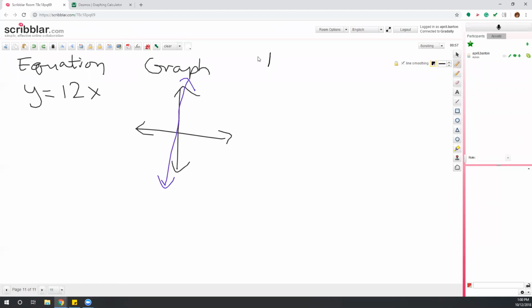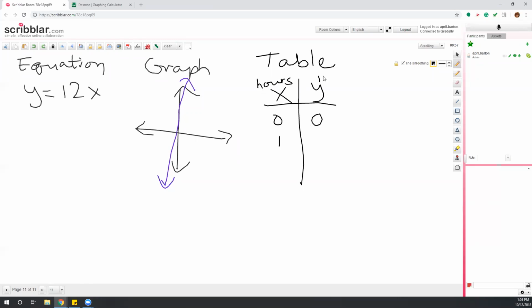And then we have a table. If we wanted to know individual amounts, if we don't work any hours, we're not going to make any money. So 0, 0, because x was our hours, y was what we're making. If we work 1 hour, we get $12. If we work 2, we get 24. 3, we get 36.